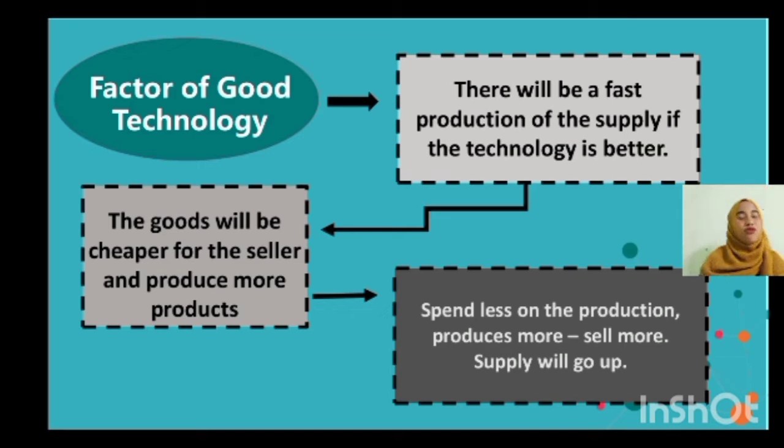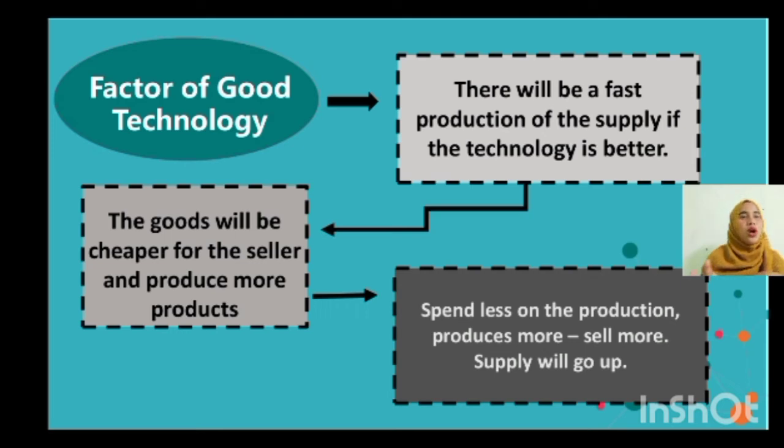Meaning, if you have that good, advanced technology in making your goods, you spend less, no? Because you will no longer waste money on salaries. That is what companies are doing.